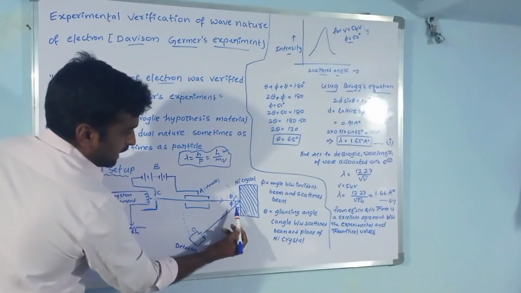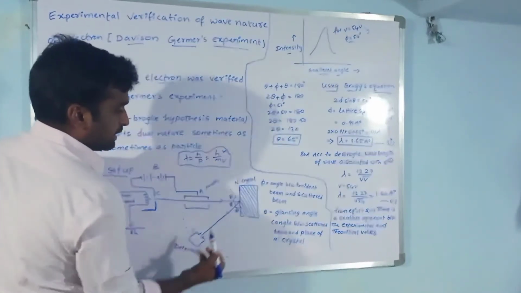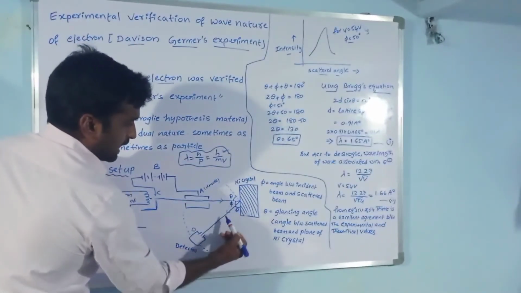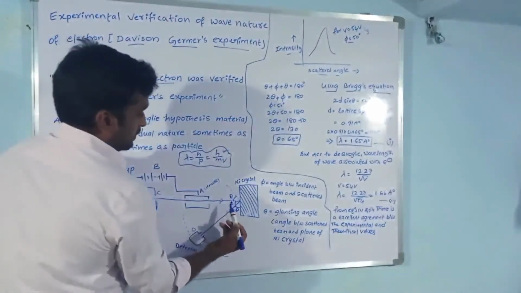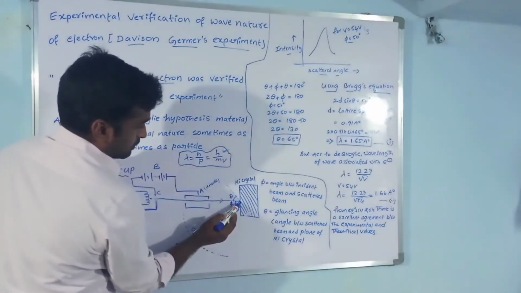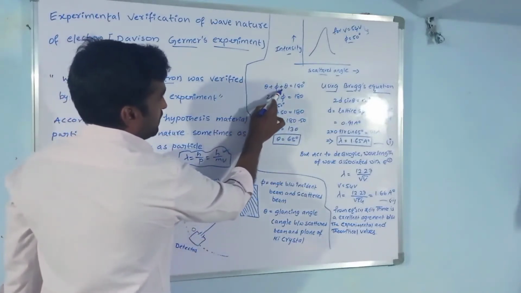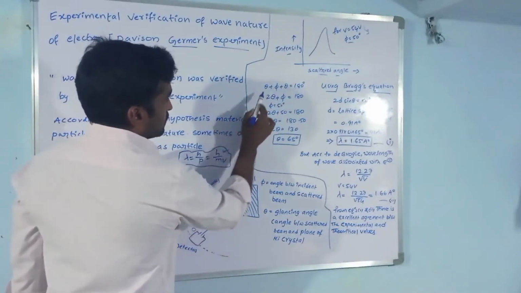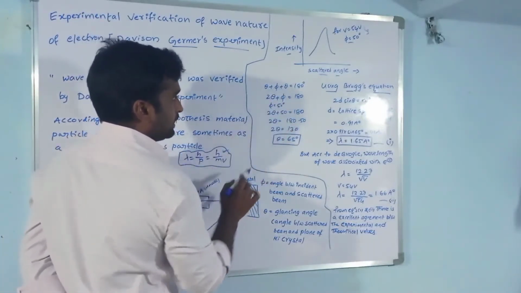This is the scattered angle, and this is also a glancing angle, the angle between the scattered beam and the plane of the nickel crystal. So this total angle becomes 180. Theta plus phi plus theta is equal to 180 degrees. So theta plus theta, that is 2 theta plus phi, is equal to 180 degrees.